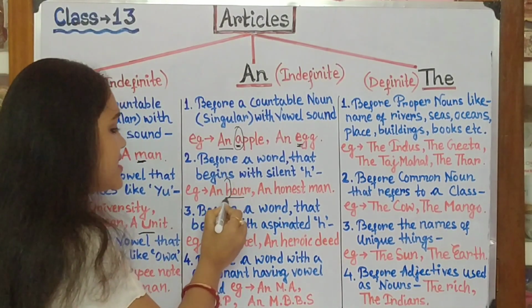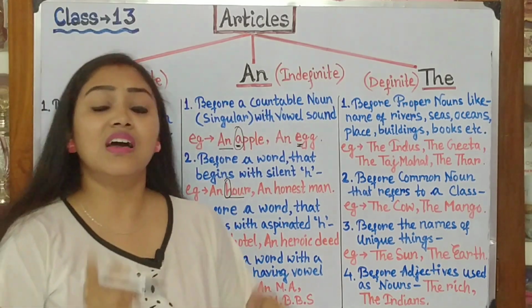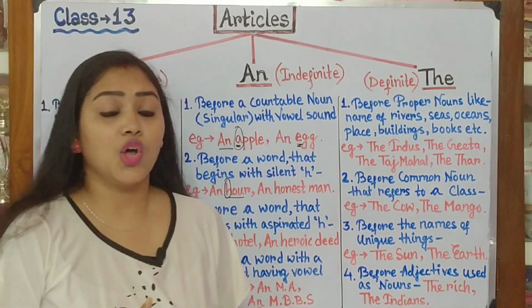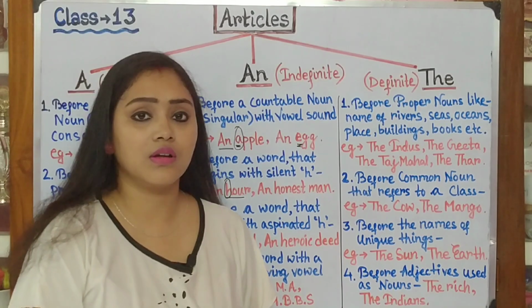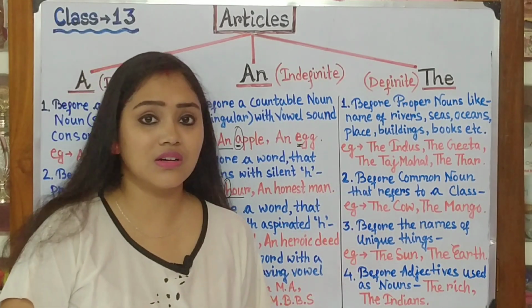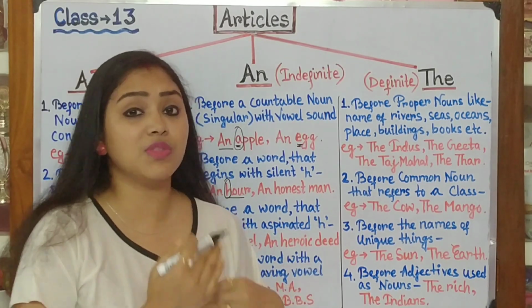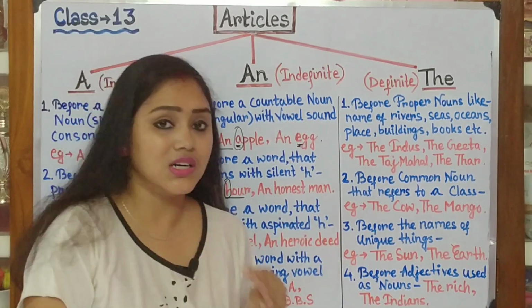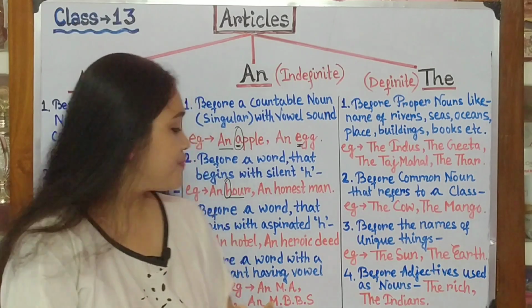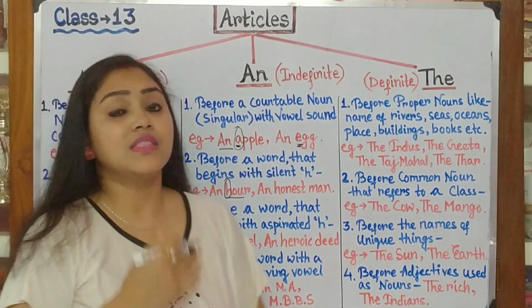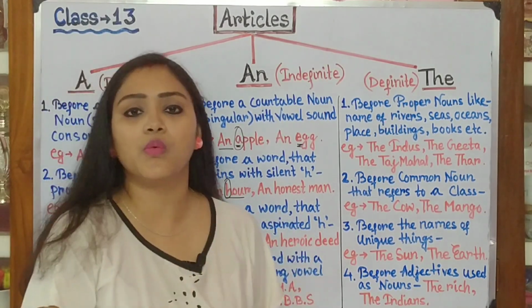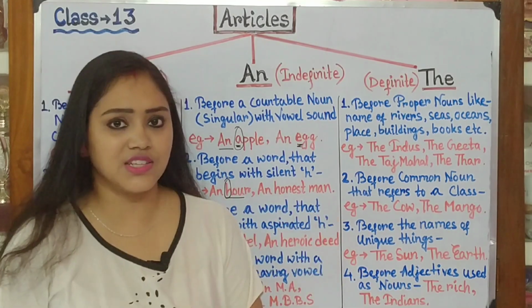Here H is the first letter, which is a consonant, but we don't say a hour, we say an hour. Right? The first pronunciation of the word is our. An hour. So here the pronunciation is just like a vowel. The H is silent over here.